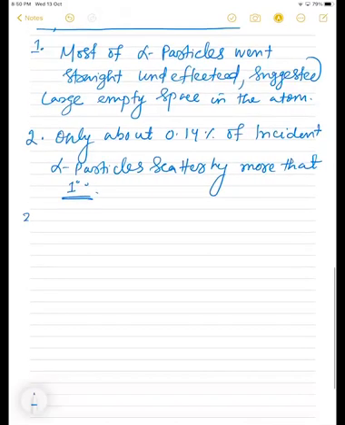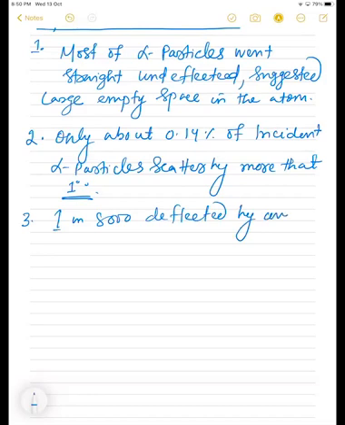And third observation, what was it? 1 in 8,000, which we wrote there, 1 in 8,000 deflected by an angle more than 90 degrees.